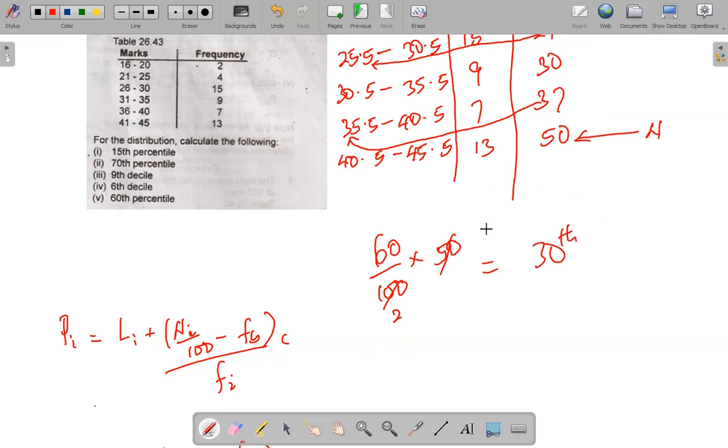Remember we said earlier that the 60th percentile is equivalent to the sixth decile.